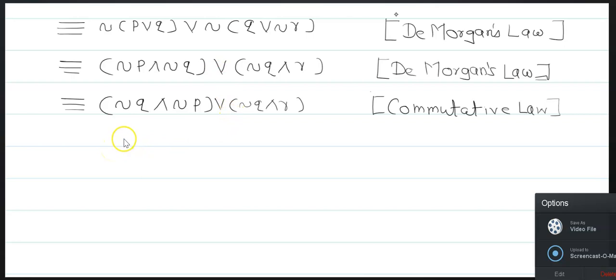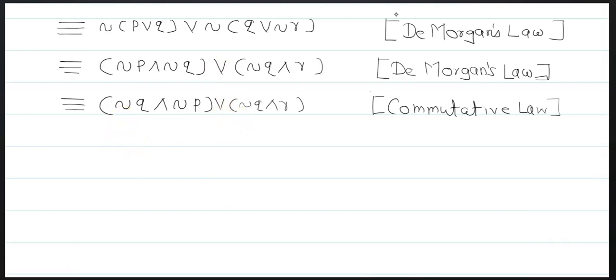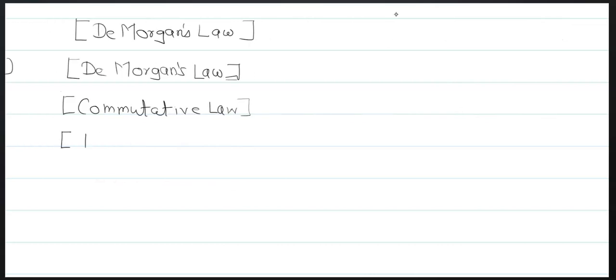Therefore, in this case, these two are common, and we can write the negation of Q and in bracket negation of P or R. Distributive law.